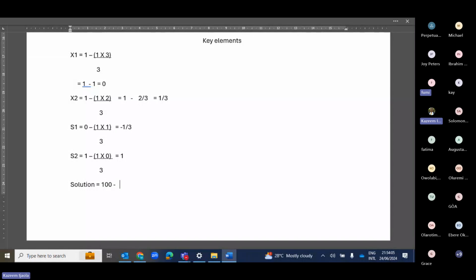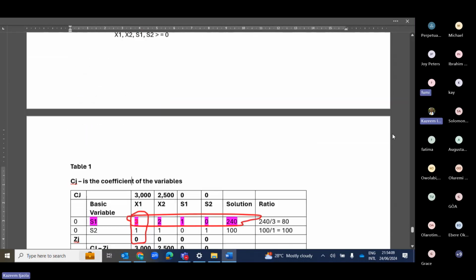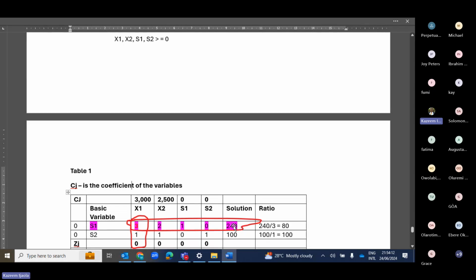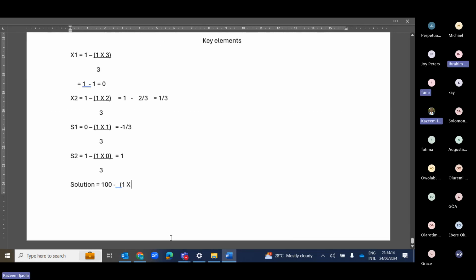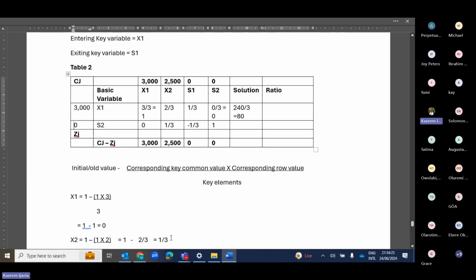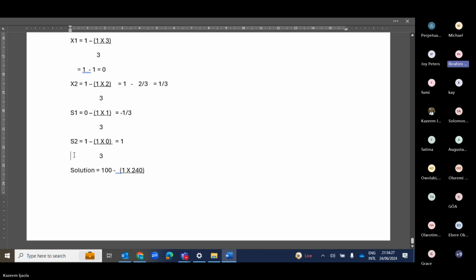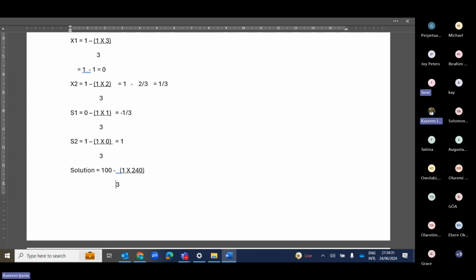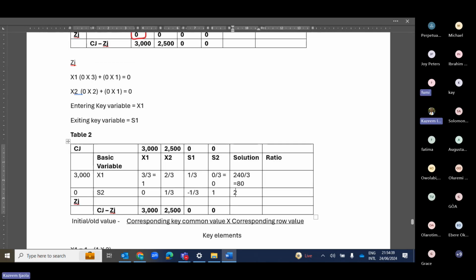It will be 100 minus 1 multiplied by the top row value, which is 240, then you divide it by 3. When you divide it by 3, the final answer should be 20. Am I correct? Yes, you bring in your 20 here.